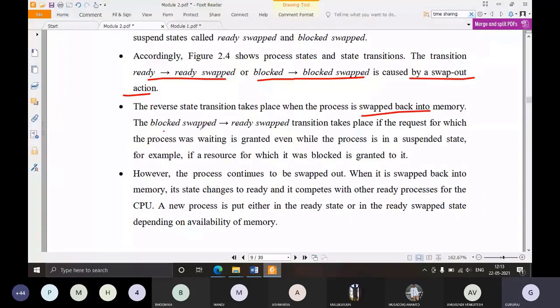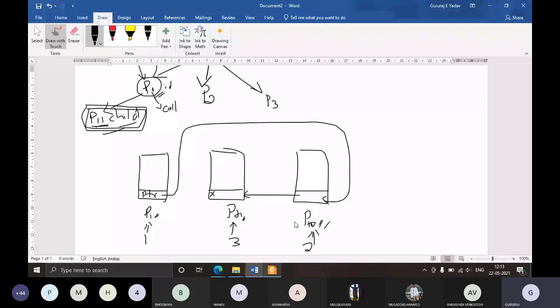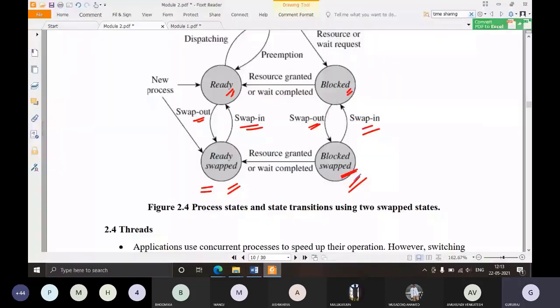Blocked swapped to ready swapped takes place if the request for which the process was waiting is granted, even while the process is in suspended state. So there is one more transition that we have to see here. Even though a particular process is in blocked state and is swapped out, so it is in blocked swapped state, if the event or the resource it is waiting for is granted, then immediately the process state will be changed from blocked swapped to ready swapped.